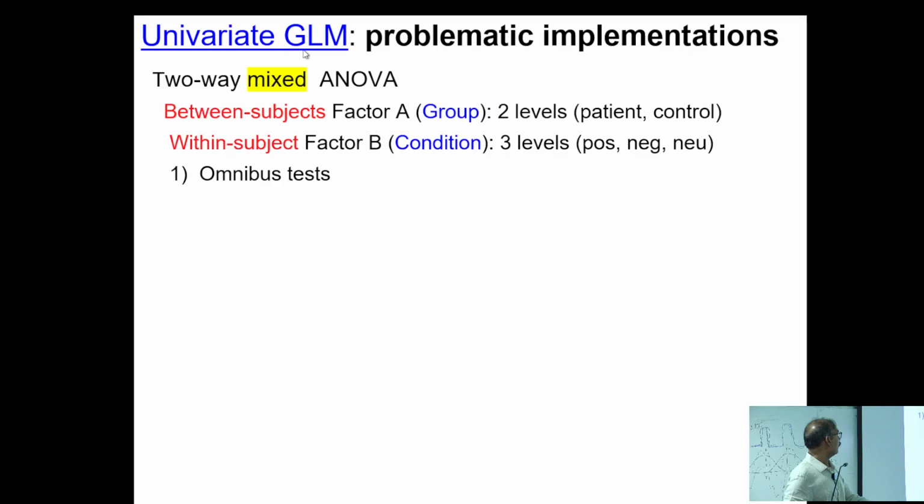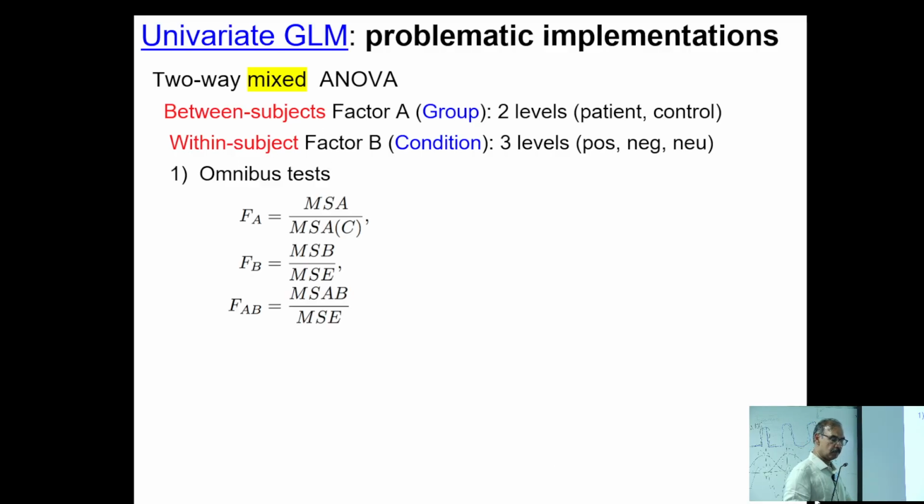Then there is two-way mixed ANOVA, which is between subject and within subject, right? So again, in this case, we can look at the factor A and factor B, and then we can find conditional AB, right?